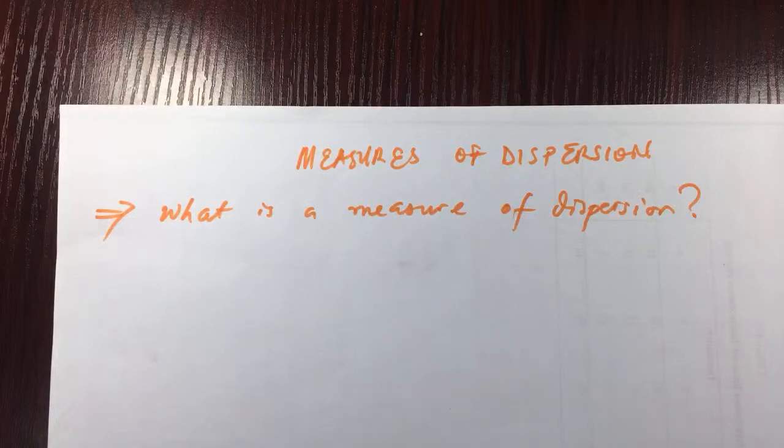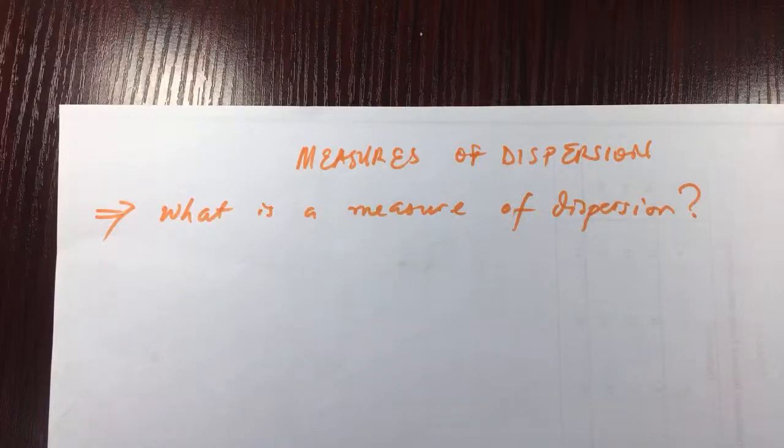To make you understand properly what a measure of dispersion is, I would encourage you to search in my YouTube channel for a class I made on measures of dispersion. I'll put the link to that video in this particular video immediately after the class, so that it can direct you to that video easily.